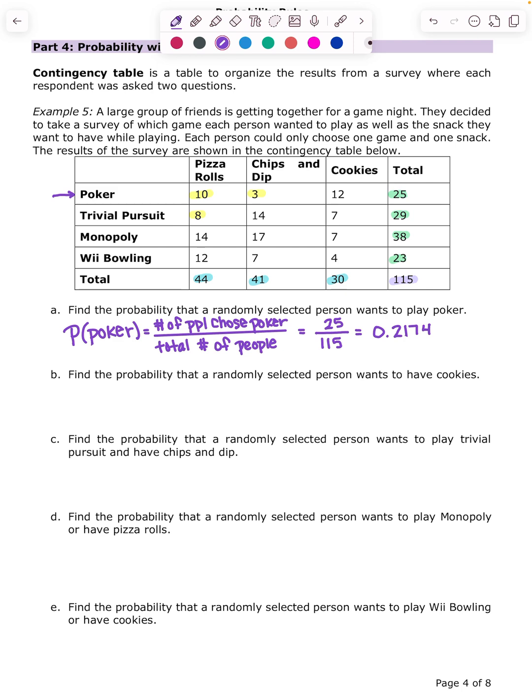The next one, find the probability that a randomly selected person wants to have cookies. So the probability of cookies equals the total of cookies divided by the total number of people.